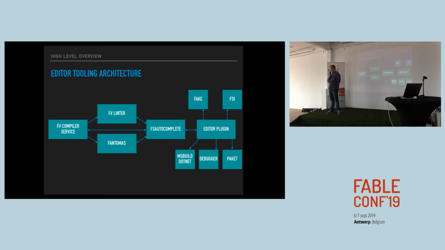In the past, it was HTTP and some weird protocol based on standard input and output, so just writing text to the command line and reading from the command line. Nowadays, we are using something called Language Server Protocol, which is a protocol proposed by Microsoft to establish some standard in the communication between language servers and tools.